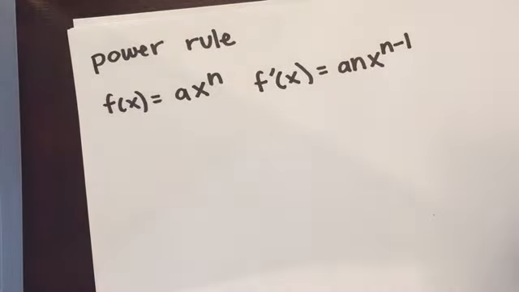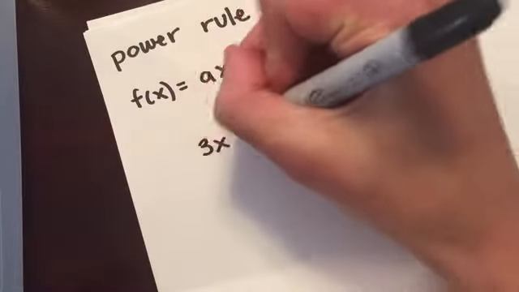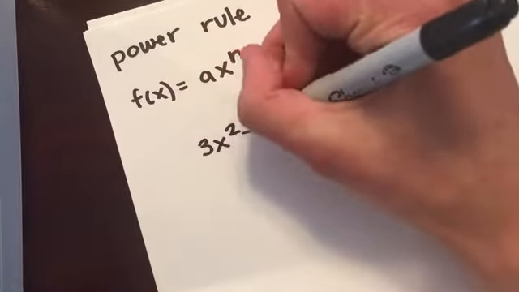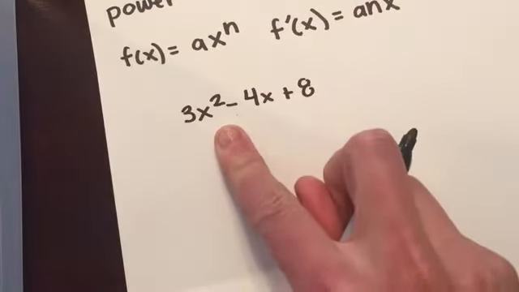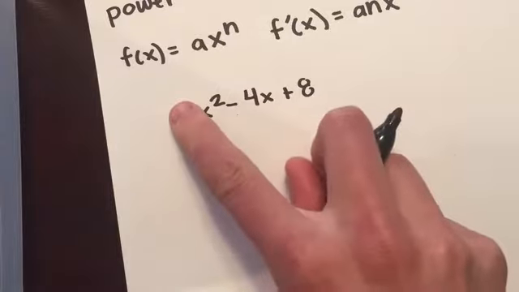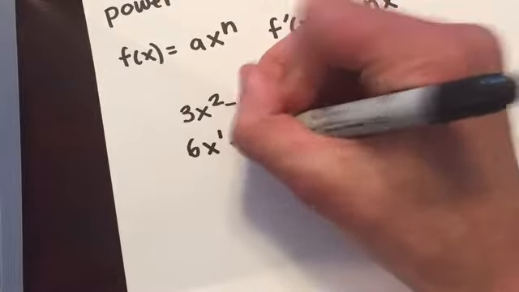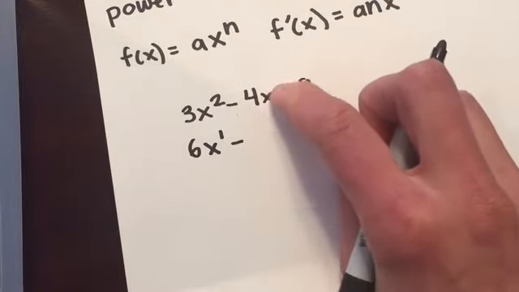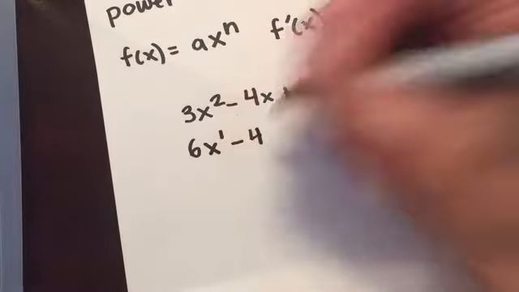So I'm going to show you how to do this on 3x squared minus 4x plus 8. In this problem, we're going to multiply 2 times 3, which is 6x, and then 2 minus 1 is 1. So 6x to the power of 1, minus, this x is to the power of 1, times 4 is negative 4, as it was.